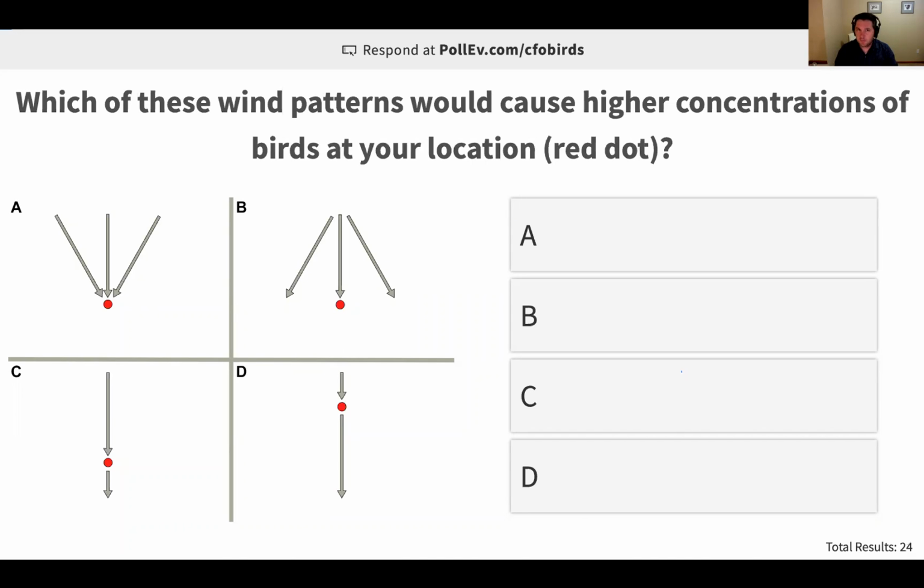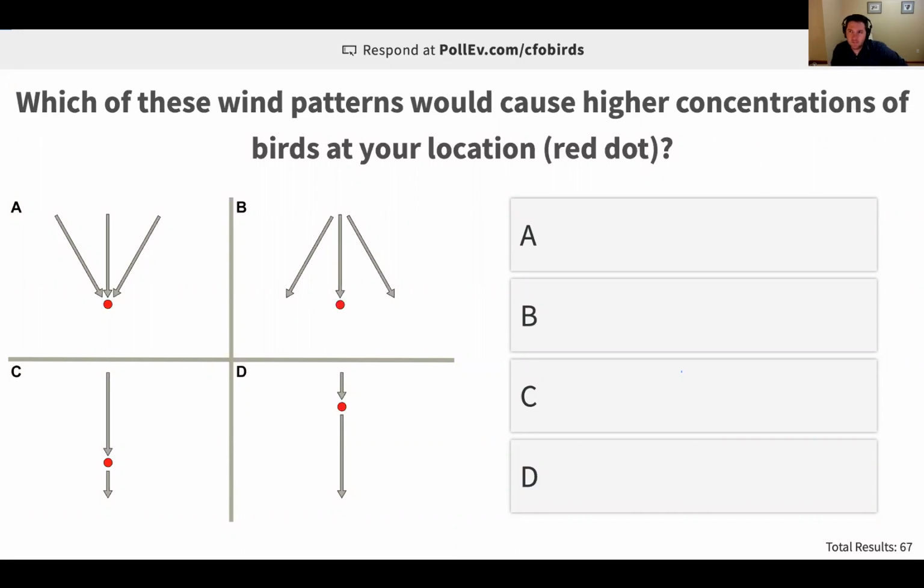I believe you should be able to answer this question twice. So you should get the ability to vote twice. So I'm probably going to expect more like 80 answers if people are using their 2 answer options. And we're flying through the 40s, we're into the 50s, keep them coming. Linda, you should be able to answer this question on pollev.com/CFOBirds.